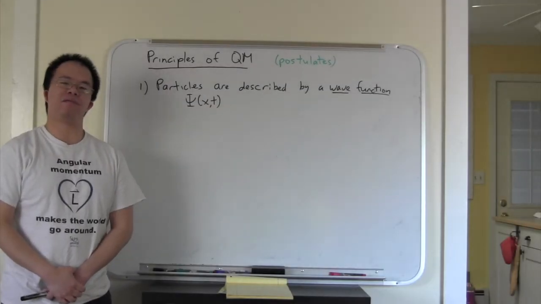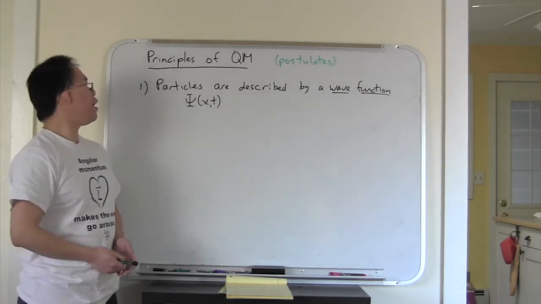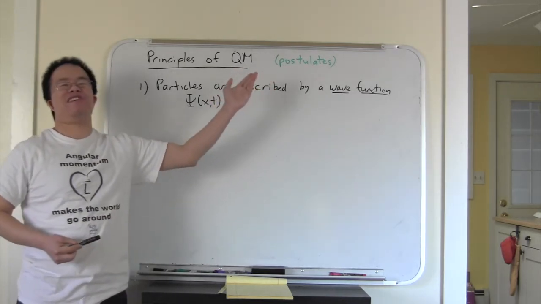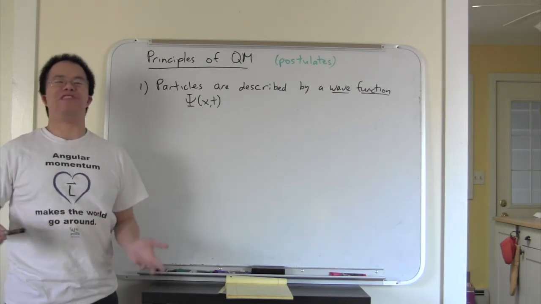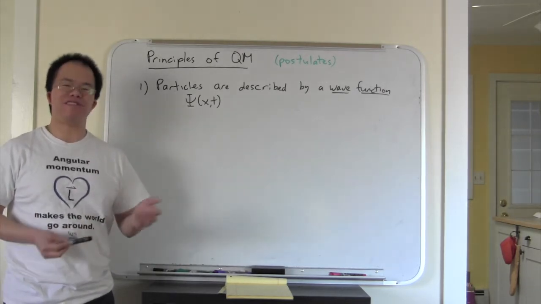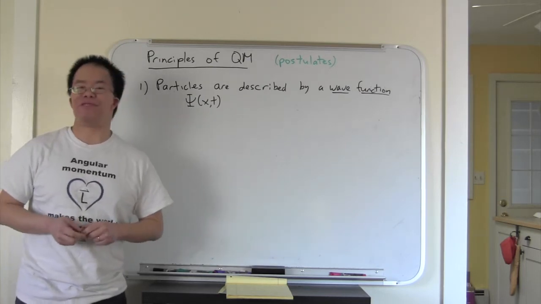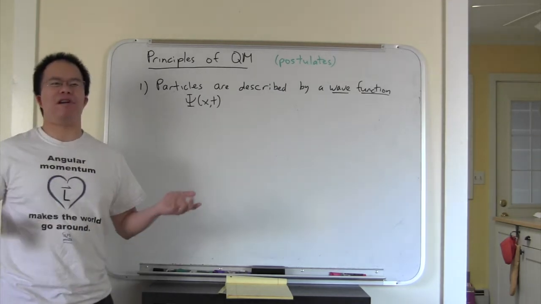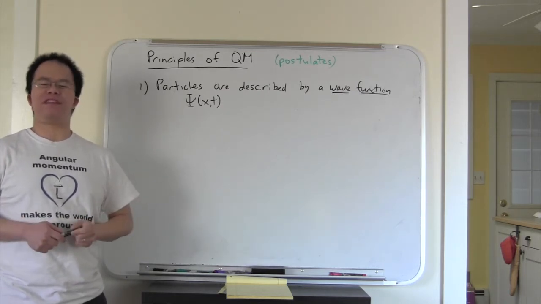So I want to turn now to recapping what I call the general principles of quantum mechanics. There are some textbook writers who would go so far as to call these postulates of quantum mechanics, in the sense that they underpin the whole theory and can't really be rigorously derived from something else, in the same way that we might talk about Euclid's postulates in geometry. Now, the most we can say is that these ideas are consistent with experiments, and that's the route we've taken.